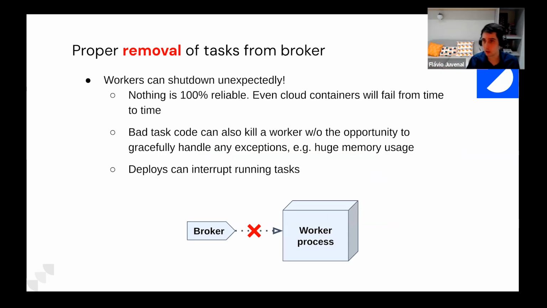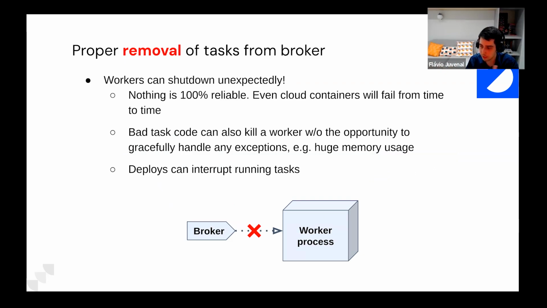So nothing is 100% reliable. Even cloud containers will fail from time to time. It's even expected for them to fail from time to time. There is an SLA, right? And it's not 100%. And bad task code can also kill a worker without the opportunity to gracefully handle any exceptions. So huge memory usage is a clear example.